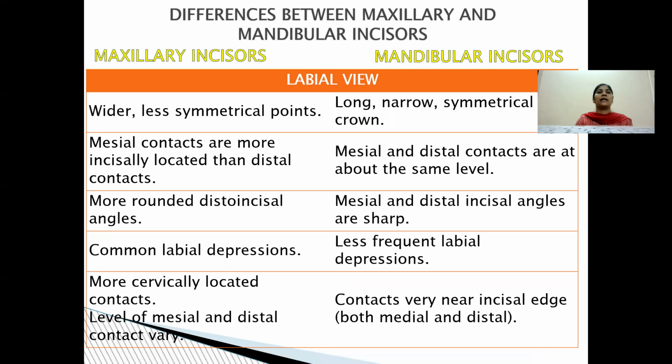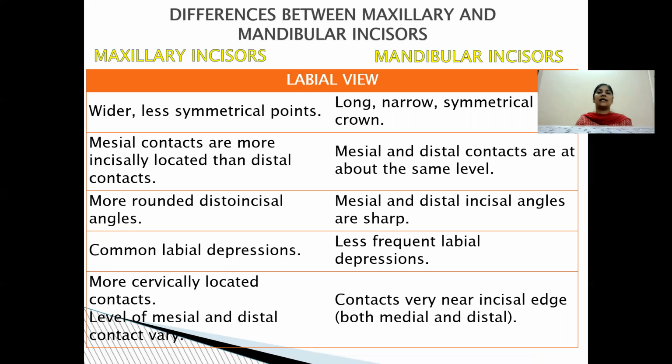In comparison with the maxillary permanent central incisor, the mandibular permanent central incisor has a long, narrow, symmetrical crown. Mesial and distal contact areas are at the same level. Both are incisally placed and at the same level. Mesial and distal incisal angles are sharp.